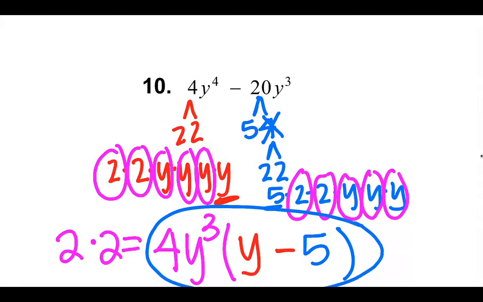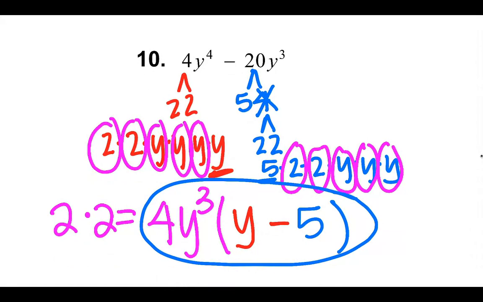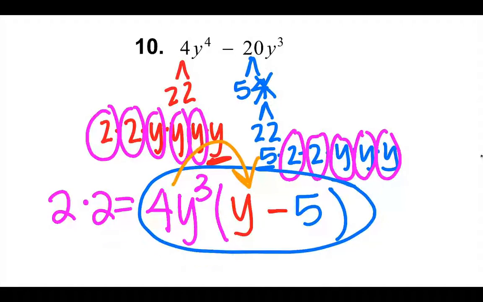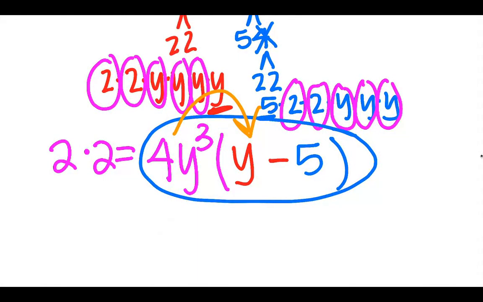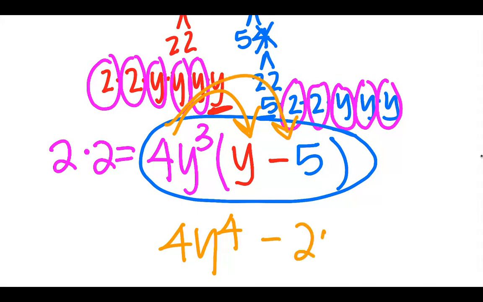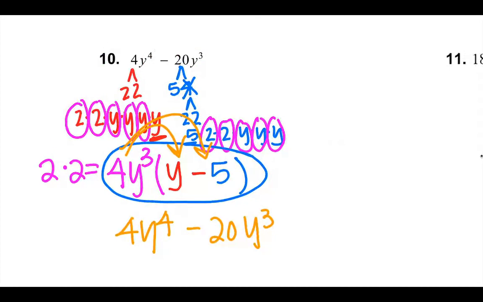So this would be my answer. And again, if we were to distribute to check, 4y cubed times y is 4y to the fourth, and 4y cubed times negative 5 is negative 20y to the third, which again is what we started with.